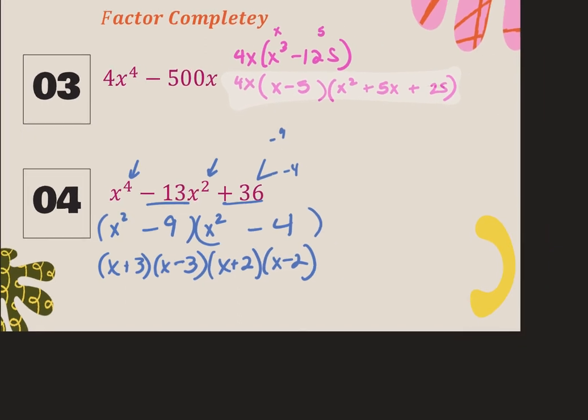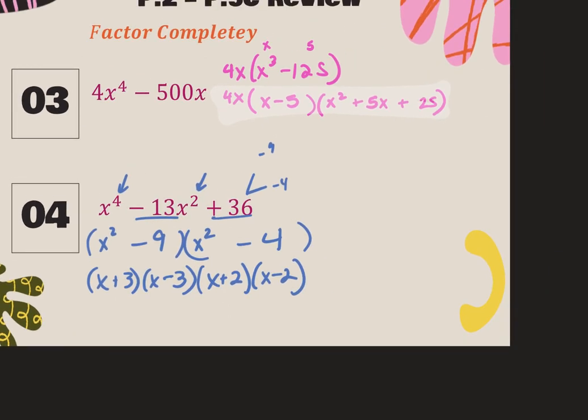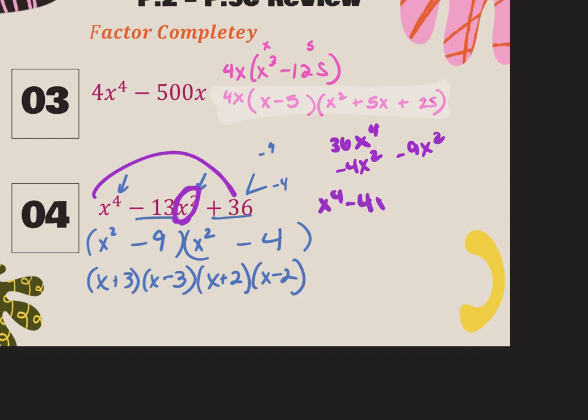If you did it first and last, because a lot of you did that, you would have gotten 36x to the fourth as your first times last. Factors of that that sum to the middle would be negative 4x to the second and negative 9x to the second. So that middle term has to have the same variable. Some of you just put the x. So then it would have been x to the fourth minus 4x to the second minus 9x to the second plus 36.